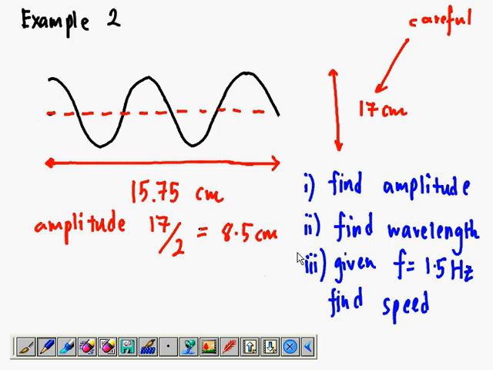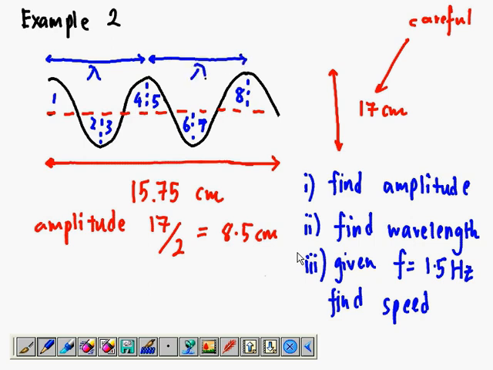Okay, how do you find the wavelength? If you look at this carefully, again using my method, divide them into a few sections. 1, 2, 3, 4 represent lambda. 5, 6, 7, 8 represent another lambda. And then another one is the 9. This one is a new cycle. This is 1/4 lambda.